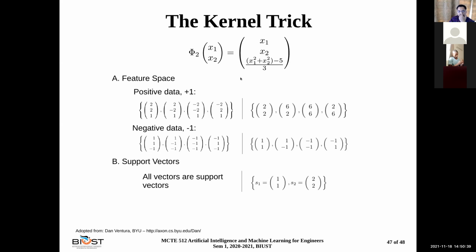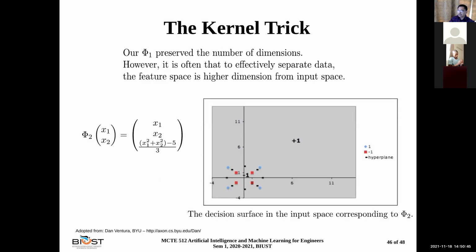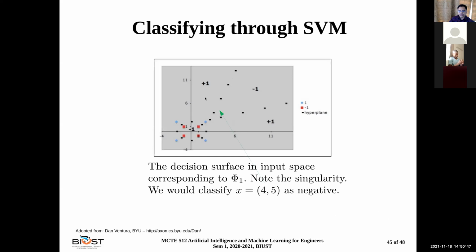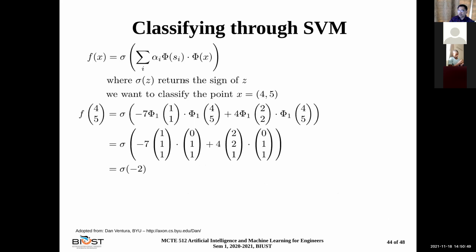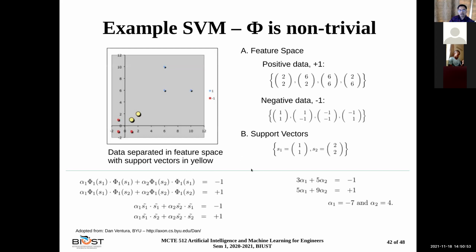And for the most part, this kernel trick works. In some cases, the transformation function that we used earlier was a function on the same dimension, so it was not true all the time.